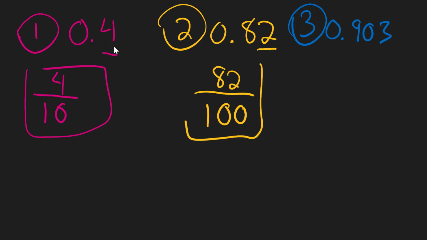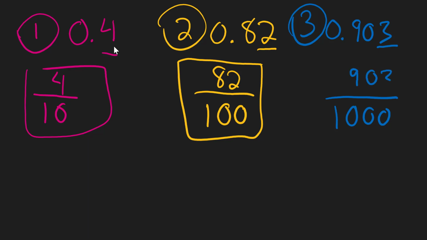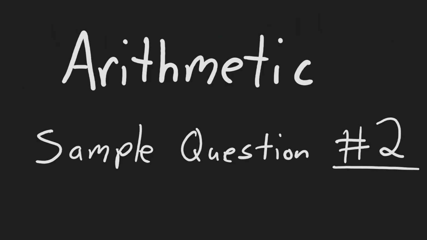The answer for this one is 82/100ths. And for number 3, we have 0.903. So the furthest this goes is to the thousandths place. So that means 1,000 is going to be in our denominator for this one. And in the numerator, it will be 903. So the fraction would be 903 over 1,000.